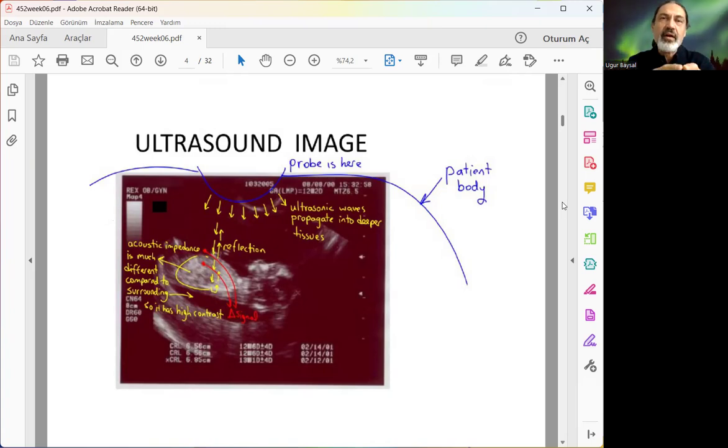So with this color distribution, anatomically, the expert physician can assess any soft tissue inside the body and have an idea whether everything is normal or something is abnormal, etc.